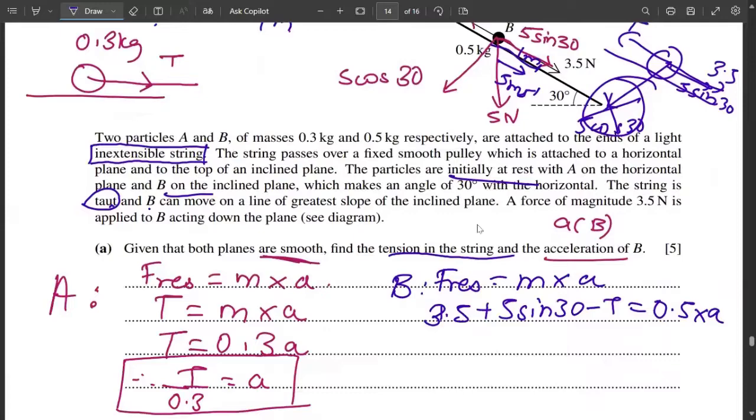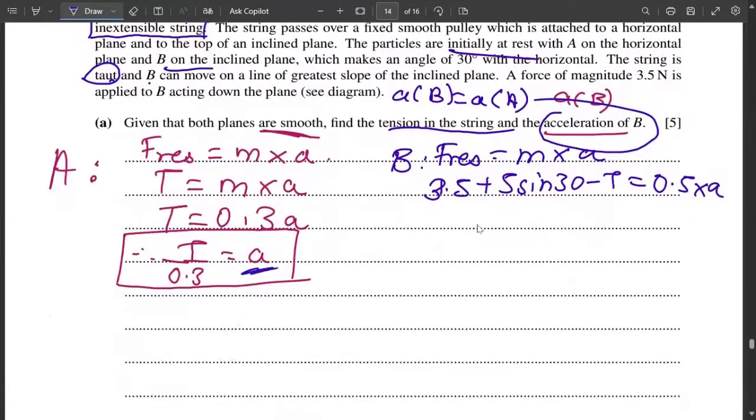So by asking the acceleration of B, they are confusing us, because they could have just asked to find the acceleration, since the acceleration of B is equal to the acceleration of A. That's why we can just write a and a here. Both are the same thing. If the accelerations were different, I would have written acceleration of A like this and acceleration of B like this, but it is not required. I hope you are clear with why the acceleration of A is equal to the acceleration of B. Now we'll go ahead.